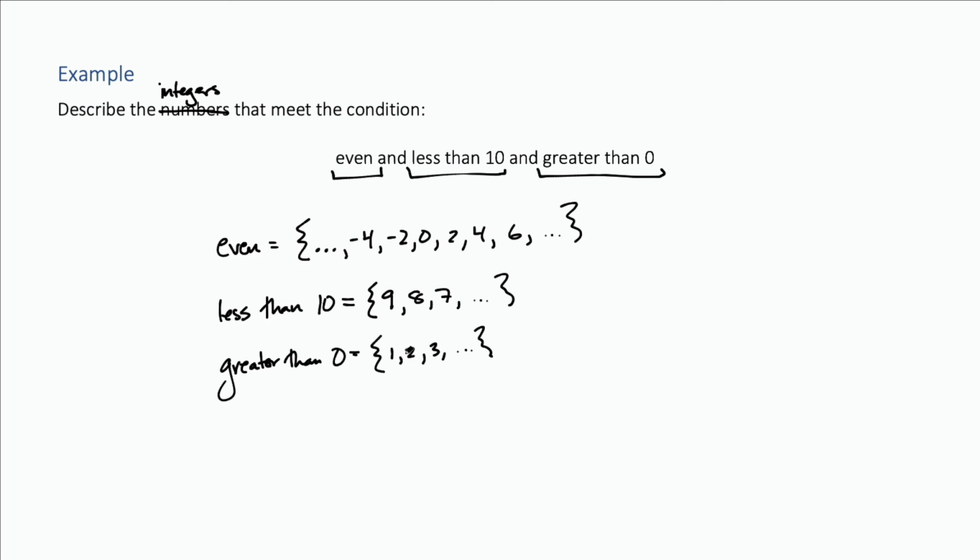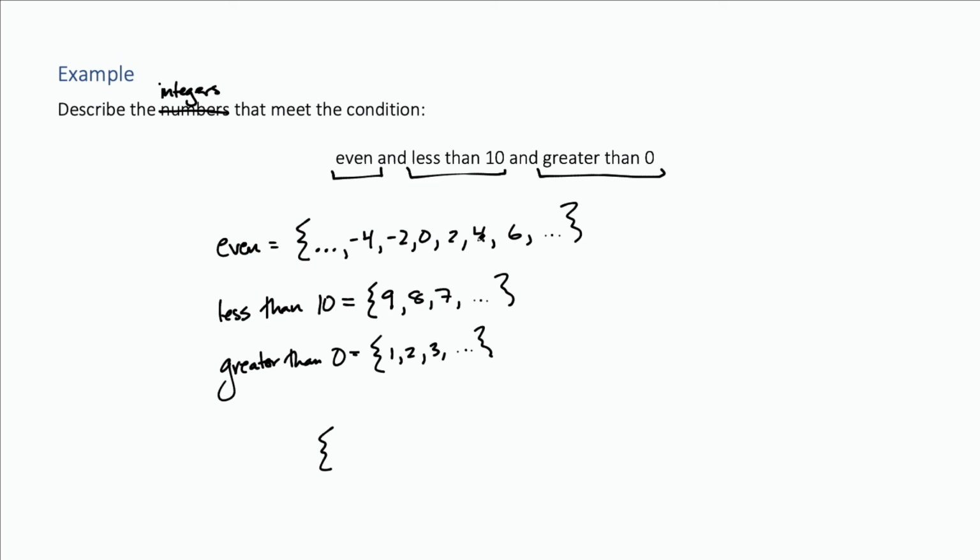Now I've got these different sets, and to meet the condition of even and less than 10 and greater than 0, I'm looking for numbers that are in all three of these sets because of that word "and." Looking at this, I've got even numbers. They have to be greater than 0, so I can't have any negatives.